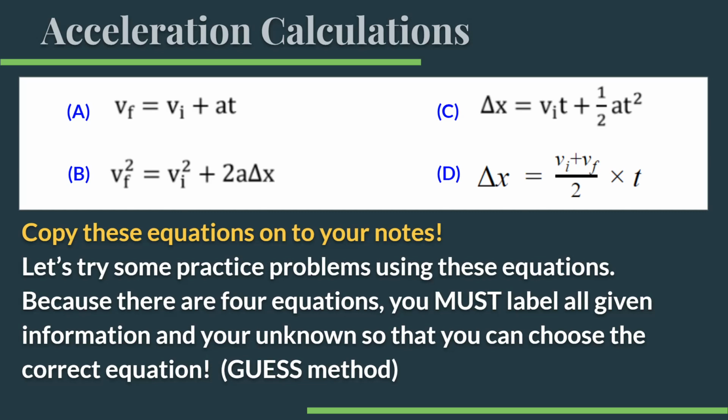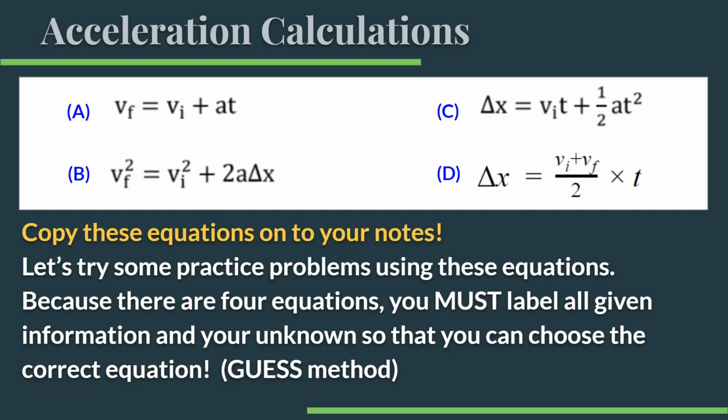The second equation is final velocity squared equals initial velocity squared plus 2 times acceleration times delta x, and delta x is displacement. Okay, so that's VF squared equals VI squared plus 2A delta x.